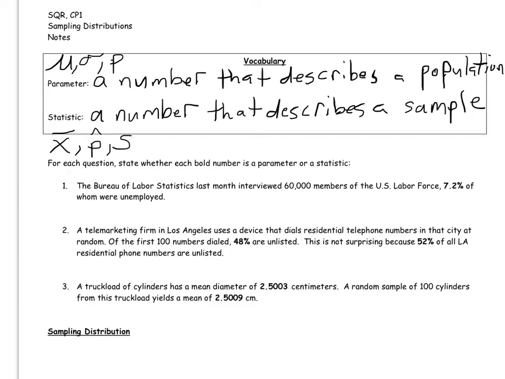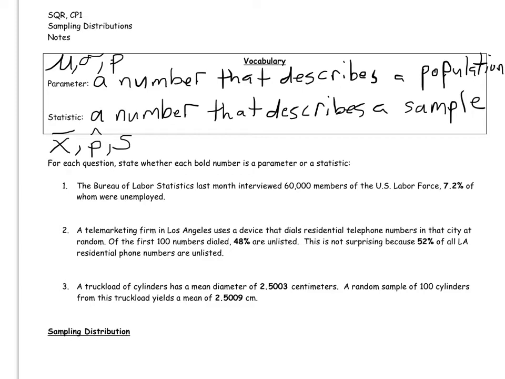So we'll just take a small random sample and get some statistics from our samples, and then we obviously want the statistics to be unbiased estimates of those parameters. That's kind of the goal.